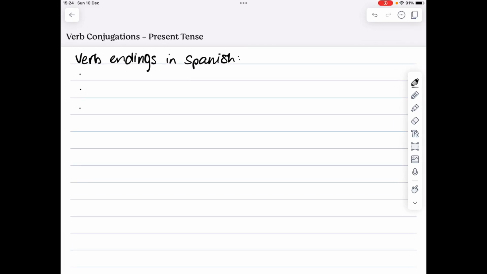So up until this point, we will have learnt, or you should have learnt, that in Spanish, verbs have three different endings, okay? They can end in AR, ER, or IR, okay? And this is what helps us to identify a word that is a verb. For example, hablar, what's a good one for ER?